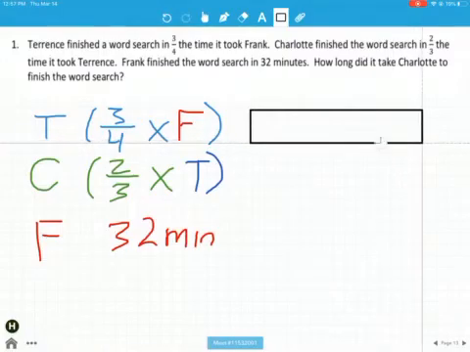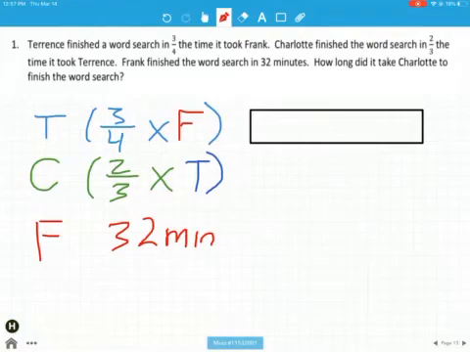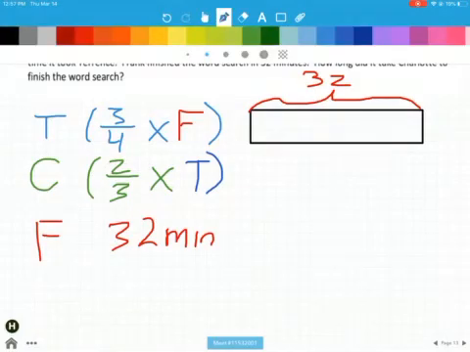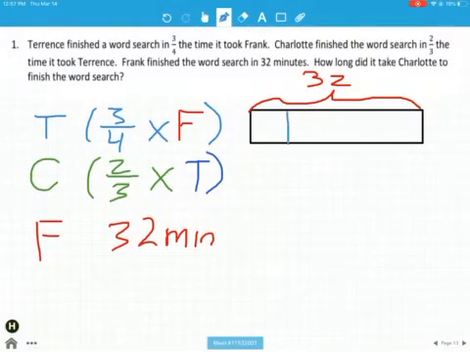So here we have Terrence, and we know that he did 3/4 of Frank, and Frank's 32. So for Terrence, we have 3/4, so we're going to divide this into fourths and shade in 3.